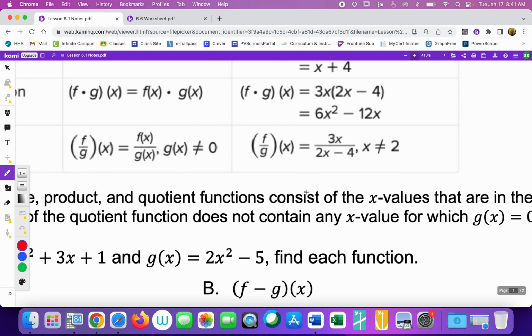But if you set the bottom equal to 0, that will tell you where your restriction on the domain is. So x is not equal to 2, that's if you set that denominator equal to 0, and it'll solve for x. If you need to, you can factor it first. So if you divide by 2, that's where that number comes from. So x could not equal 2 because that would make the denominator equal 0.